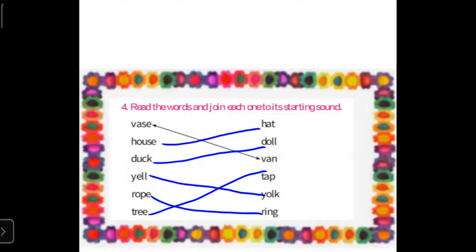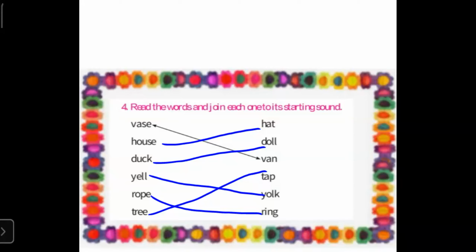Rope and ring match with each other because both begin with the same sound R. Tree and tap match with each other because both begin with the same sound T.